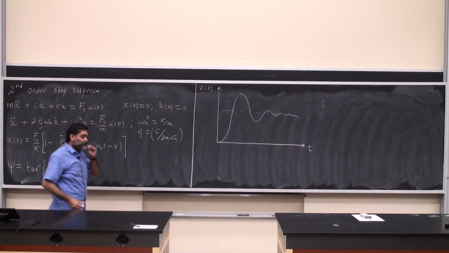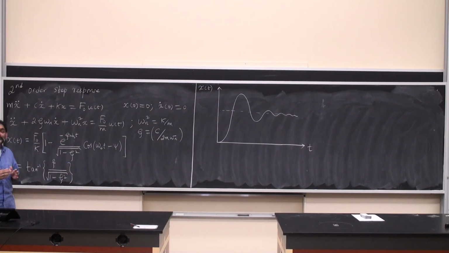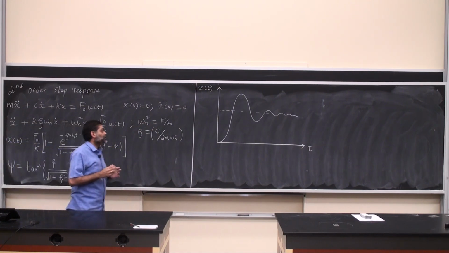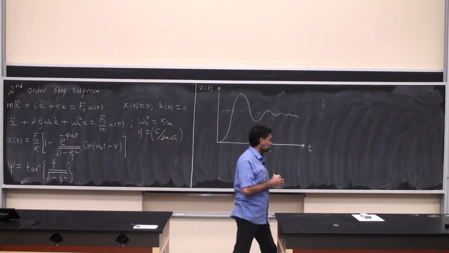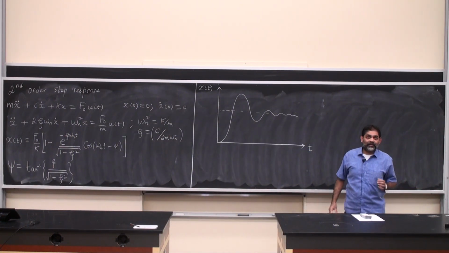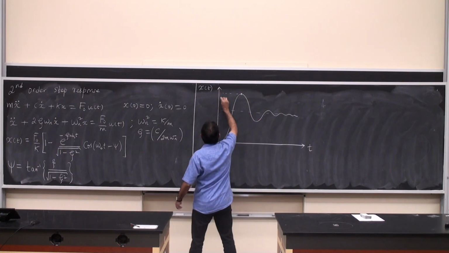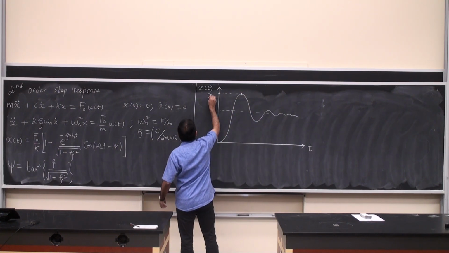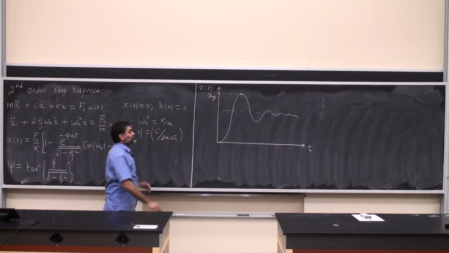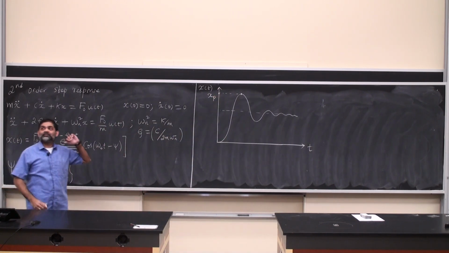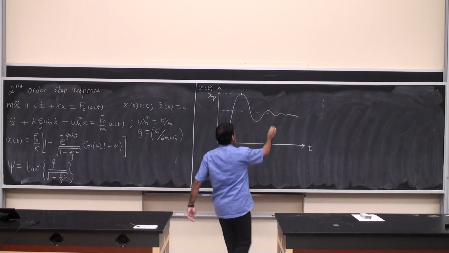This is the response. There are some salient features on this plot that I want to talk about, and we will solve a problem to reinforce all this. We have a peak point x suffix p. Then we have a steady state value for the system, which is x steady state, which is this dotted line that I've drawn.